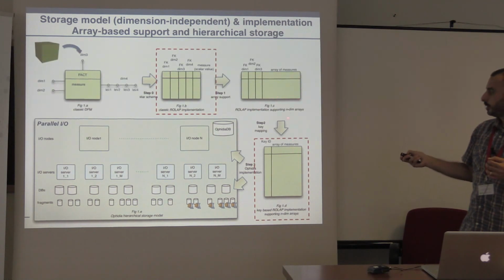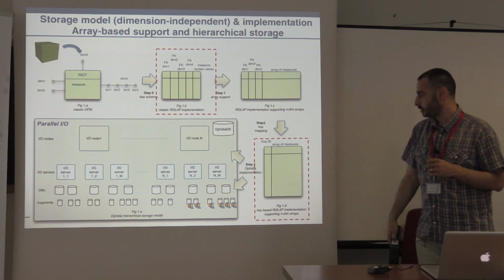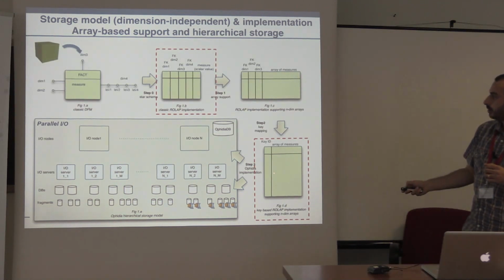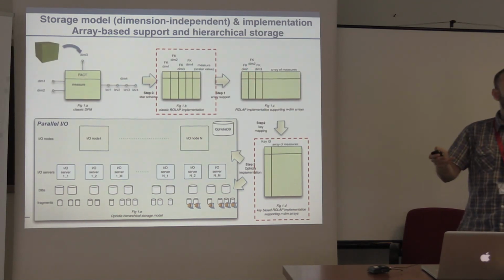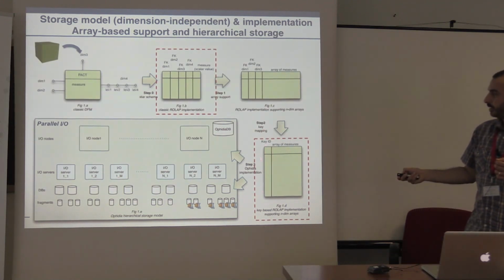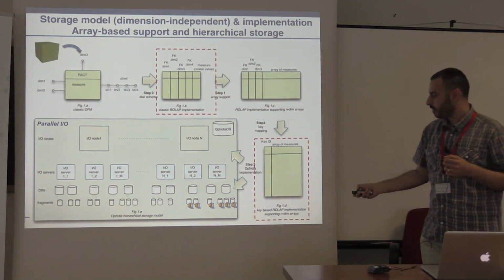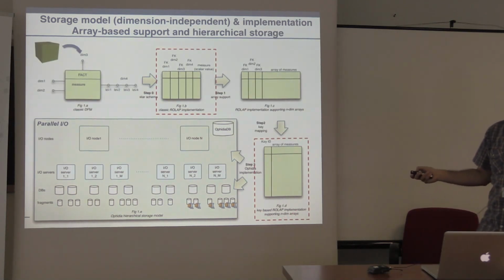The second step is a key-based ROLAP implementation supporting n-dimensional arrays. We map the remaining foreign keys related to, for example, latitude, longitude, and altitude to a single key identifier. This is our final big table, formed by two columns.